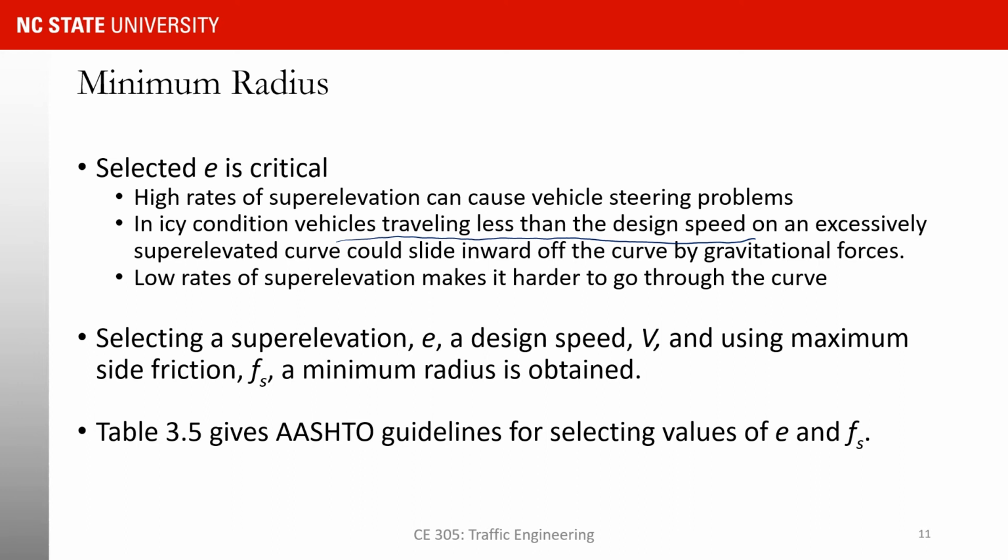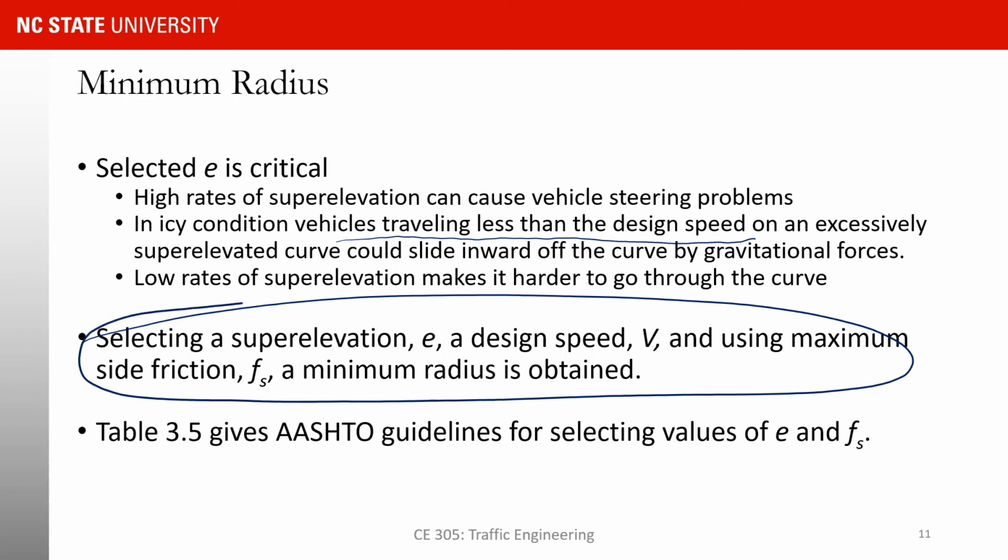And if you have a low rate of super elevation, it's hard to go through the curve. Either the speed needs to be low, or the radius needs to be large, or you're going to have understeering. So selecting a good combination of these parameters is really a design challenge.